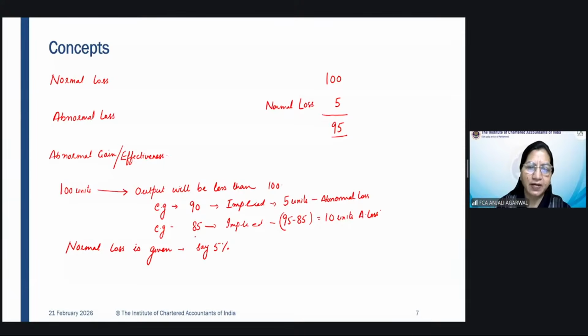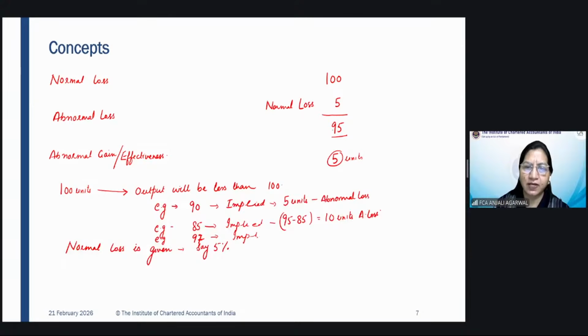But if we had 97 units, what does it mean? It doesn't mean that the normal loss has changed to 3 units. Normal loss is still going to be 5 units. So we were expecting to have 95 units, but we have 97 units.